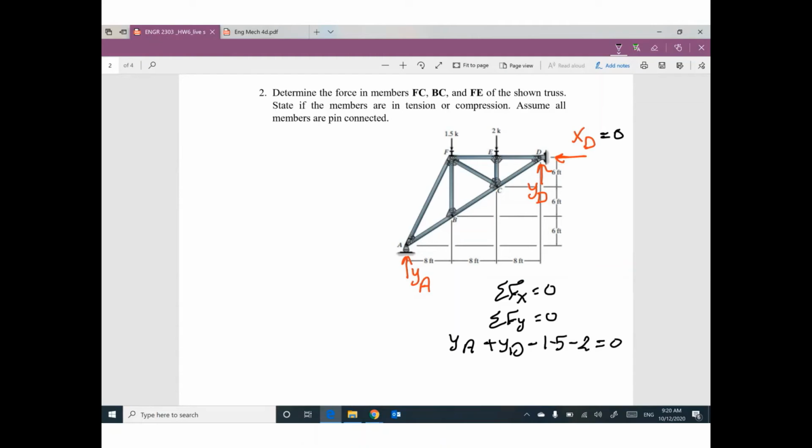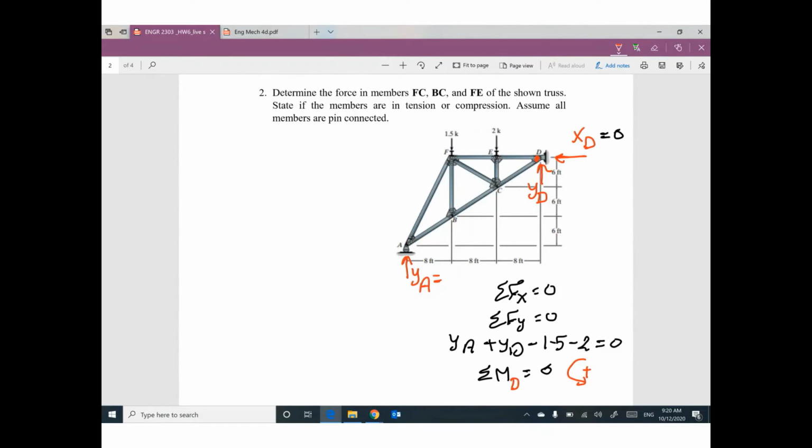Third equilibrium equation, summation moment at any point. Guys, what do you think? Which point am I going to take moment about? My recommendation is to take moment at the support with the highest number of reactions. So I'm going to take moment at D. I'm going to assume this direction is positive. If you take moment at D, you will get YA.